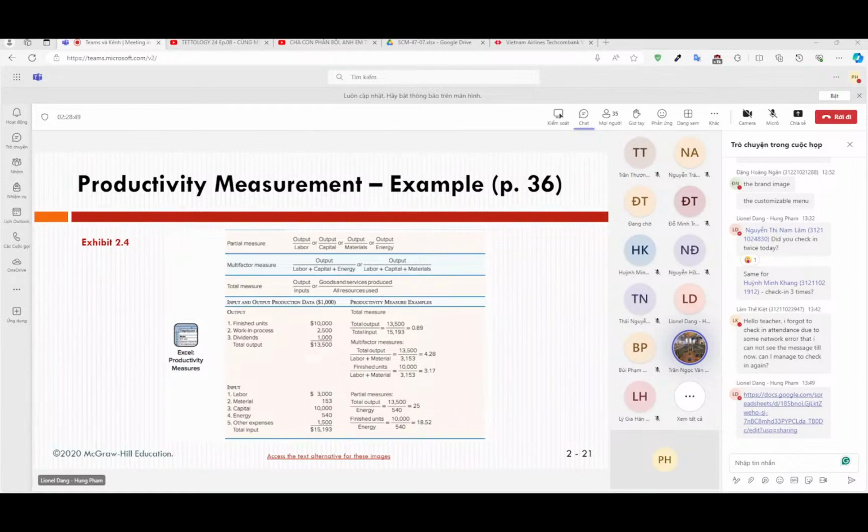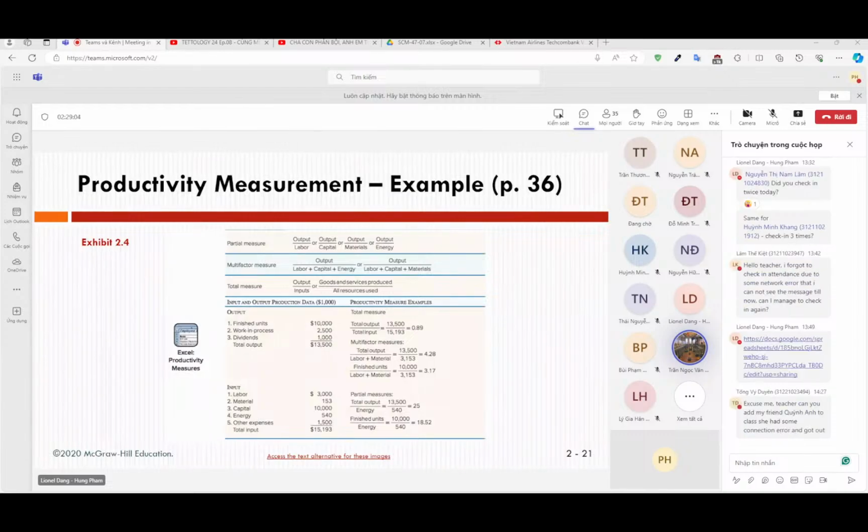The first thing we do is to calculate the total measure. We take the equation of the total output divided by the total input. The result is 0.89. So this 0.89 means that one input will result in 0.89 output.